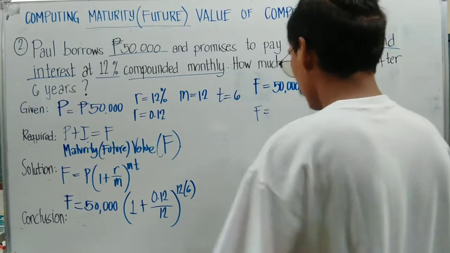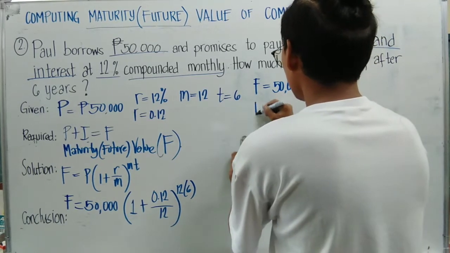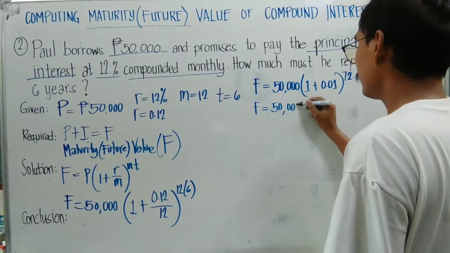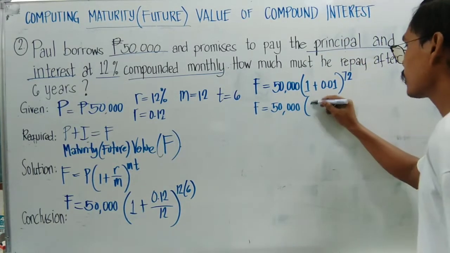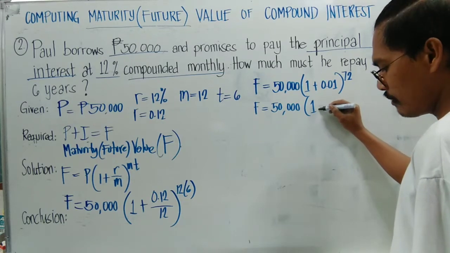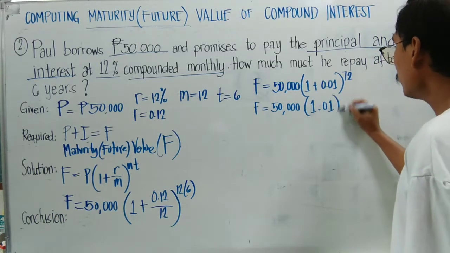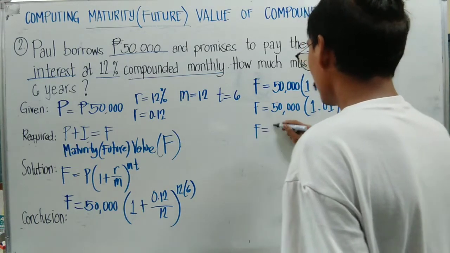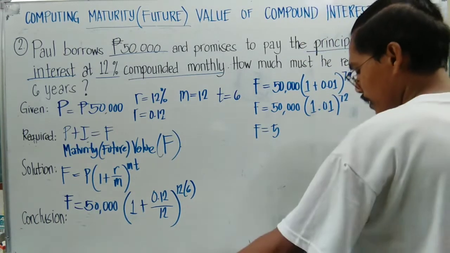F equals 50,000 times the quantity of 1.01 raised to 72.